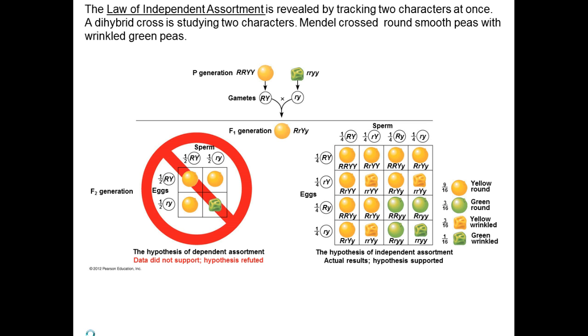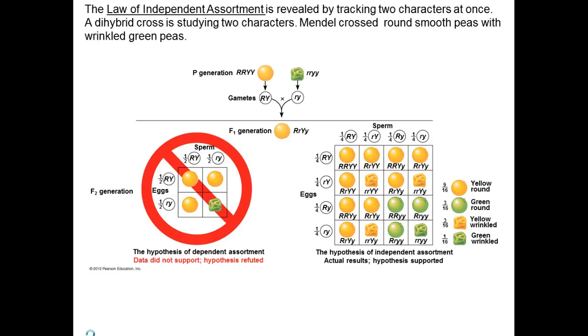Okay, and that leads us to the law of independent assortment, which means that each allele that is on a different chromosome is going to be assorted independently. Now this comes to our discussion: what happens if we look at two characters at once?